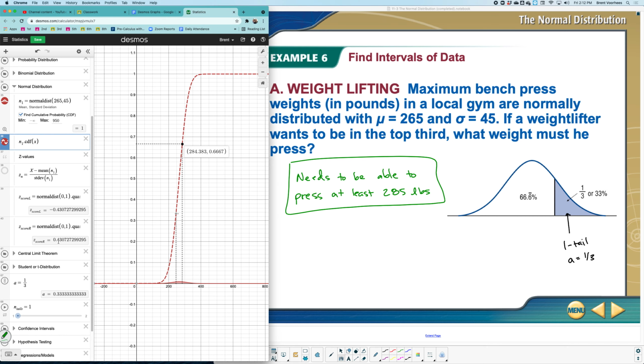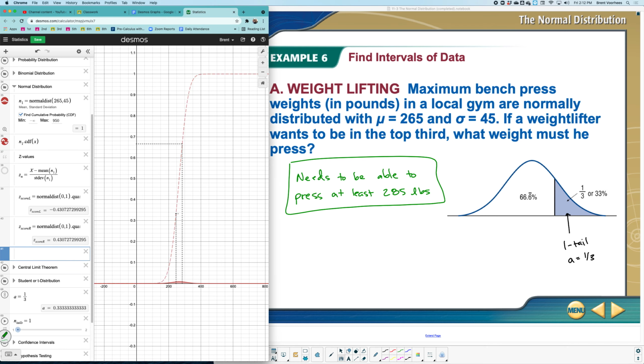So let me actually try this. Before I speak, let me make sure this is accurate here. 0.4307. I'm just going to stop there. That's the z-score. So if you were looking at this being 0 and 1, this would be 0.43 of that one standard deviation length. Well, this standard deviation is actually 45 pounds. So I'm getting 19.38.